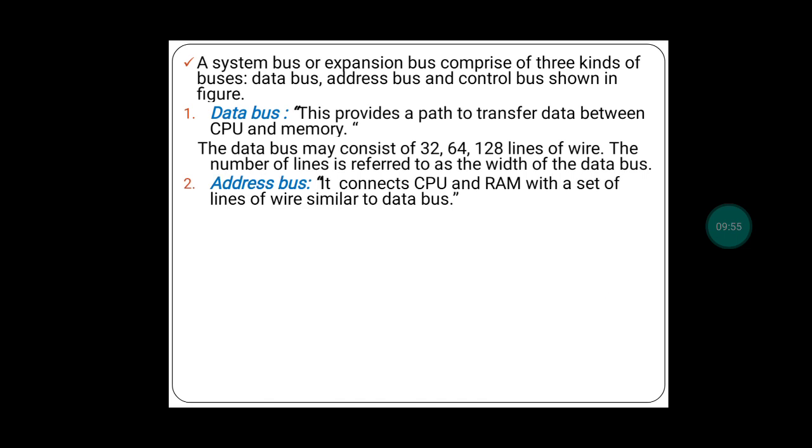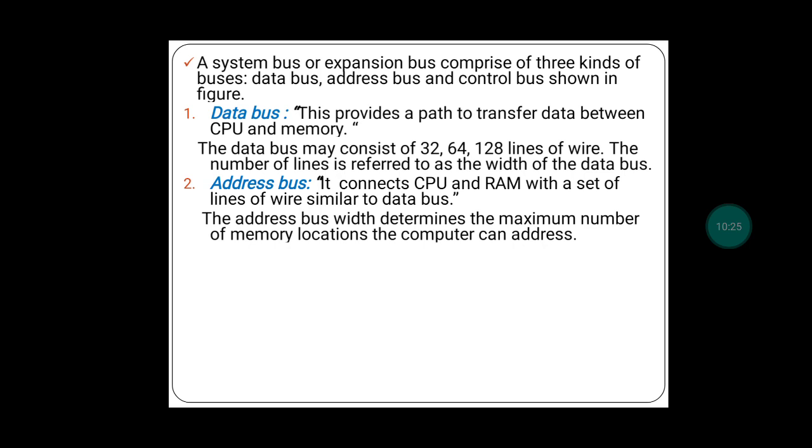The next bus is the address bus. This connects CPU and RAM with a set of lines of wires similar to the data bus. But here it will not carry data. It is going to carry addresses. Address in the sense this bus is going to carry memory locations between CPU and RAM.